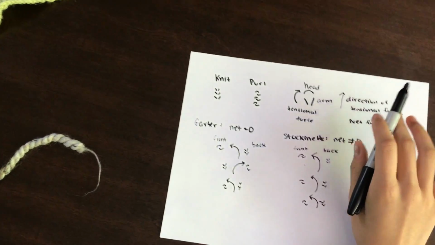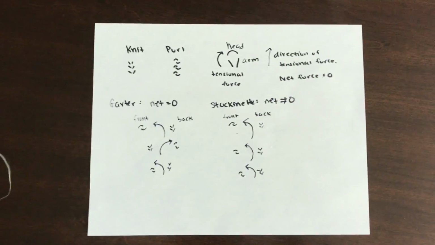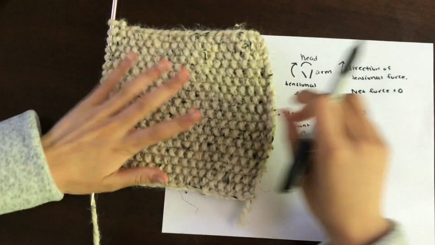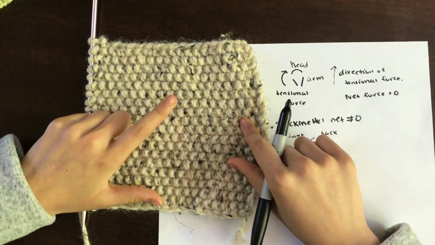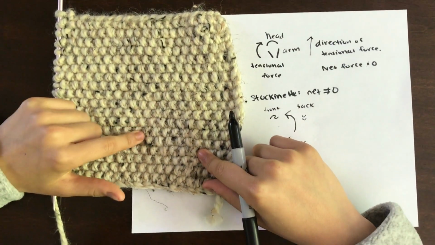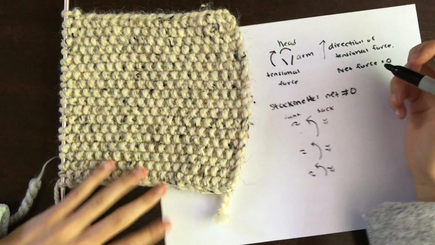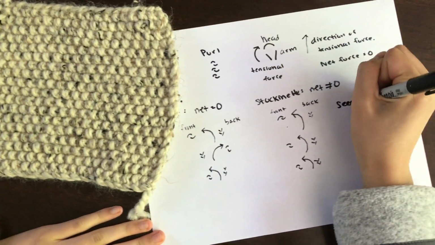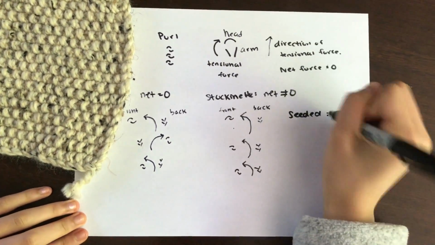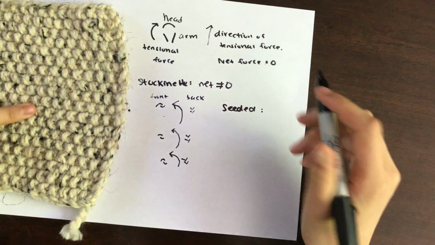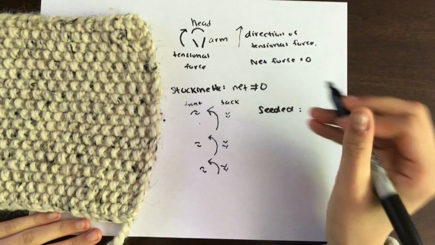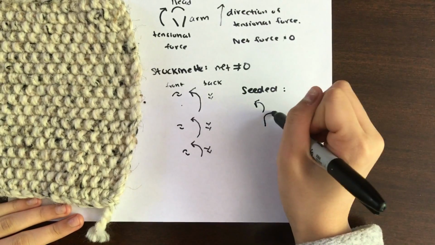Another example of a stitch that does not curl is the seed stitch. This is called the seed stitch because there are little nubs in between the arms, which gives it the look of seeds. The seed stitch would look like this in this sort of diagram.